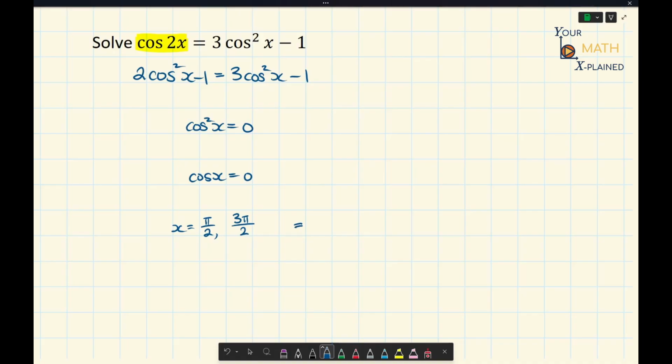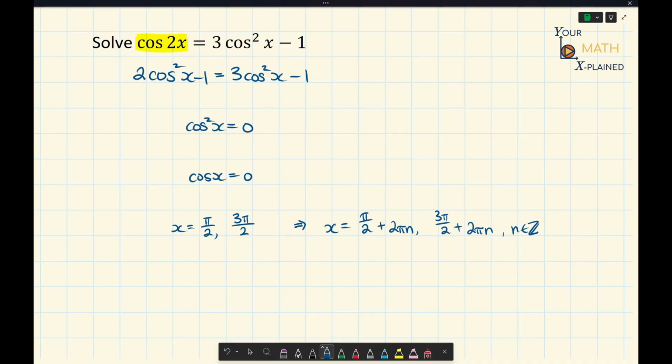So that means our general solution would be x is equal to pi over 2 plus 2 pi n, or 3 pi over 2 plus 2 pi n. And n here would be an integer.